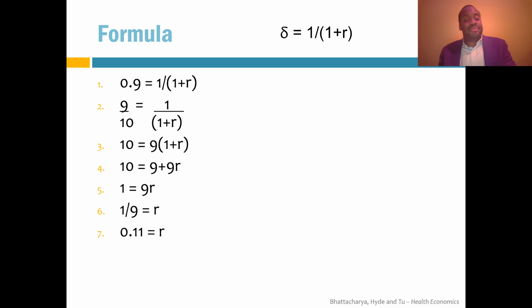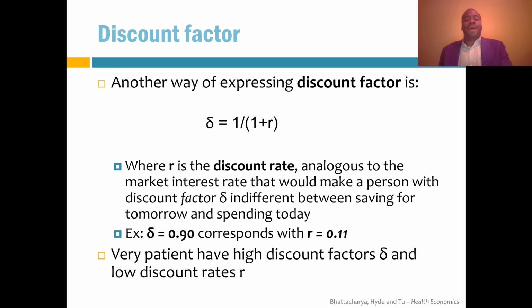I subtract both sides by 9 because I'm trying to get R by itself. So I subtract 9 from 10, I get 1, and I subtract 9 from this side, and I get 1 equals 9R, and then divide both sides by 9, and so I get 1/9 equals R. If you divide 1 divided by 9, you'll get 0.11, and 0.11 equals R. And that's sort of how I solve that problem.